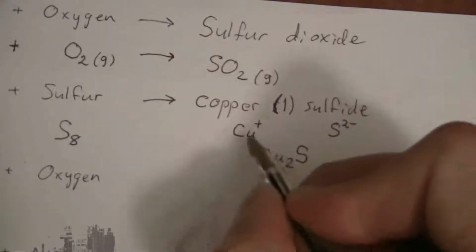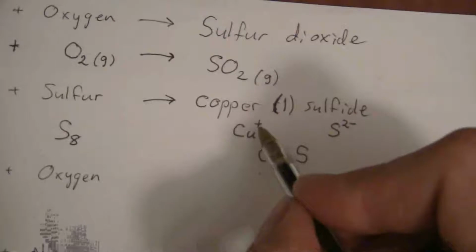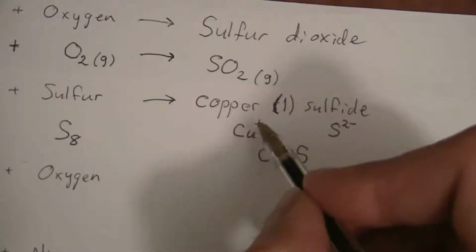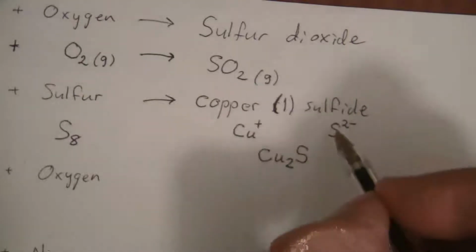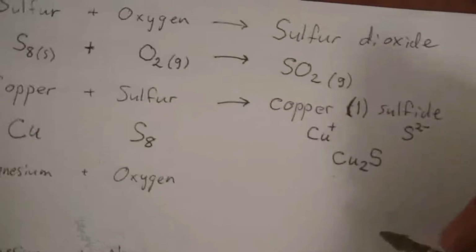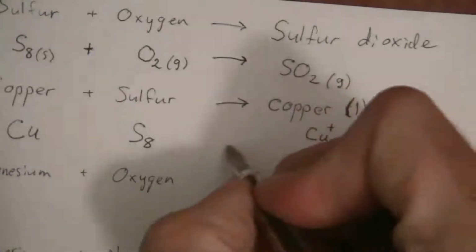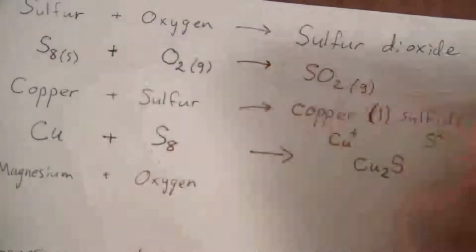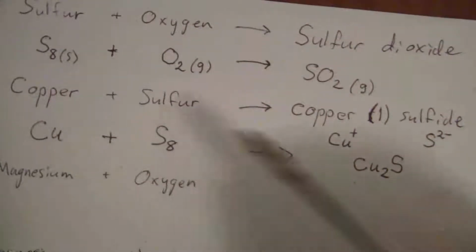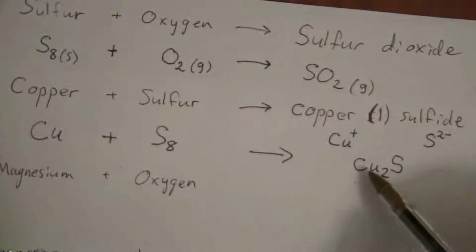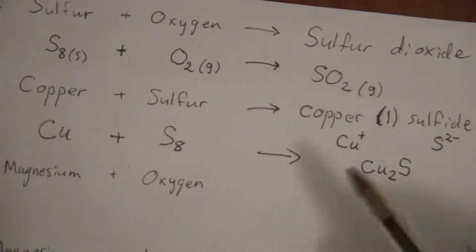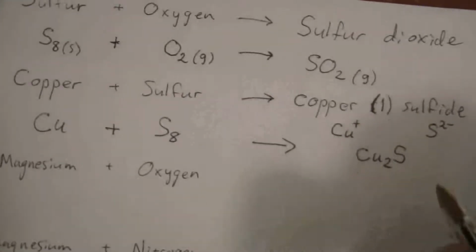I have to have 2 copper ions, because each one has a +1 charge, so I need 2 of them to get a +2 to balance out the -2 of the sulfur. And so this is going to be our basic equation: copper plus sulfur, S8, to form Cu2S. Again, I'll let you do the balancing on that. I think that's fairly straightforward.